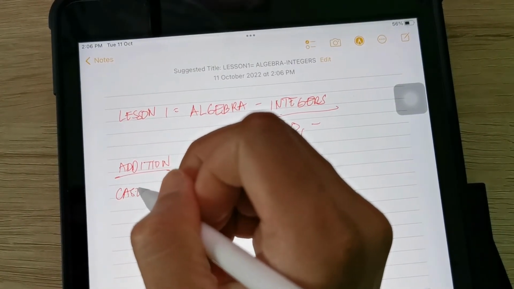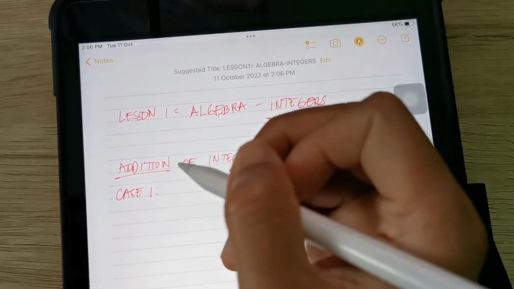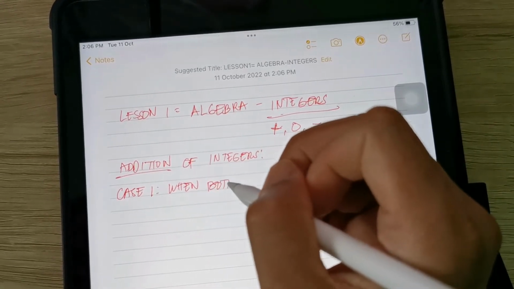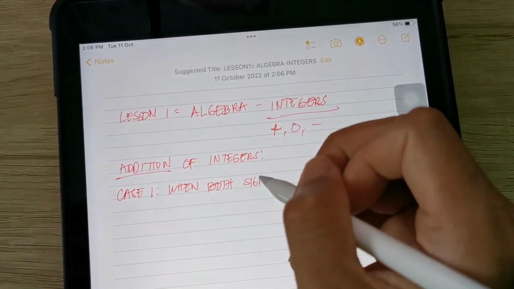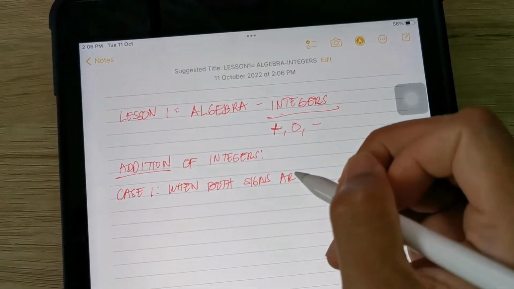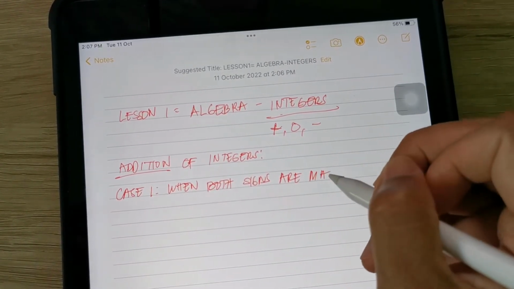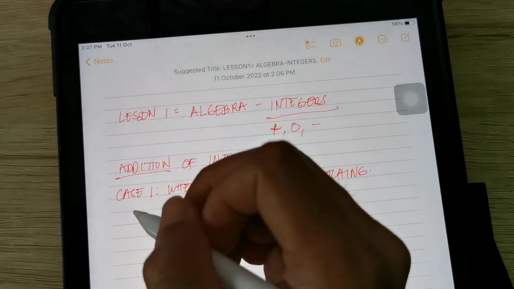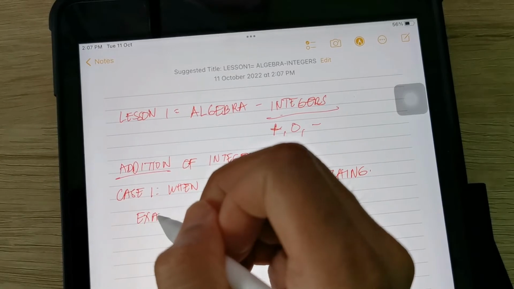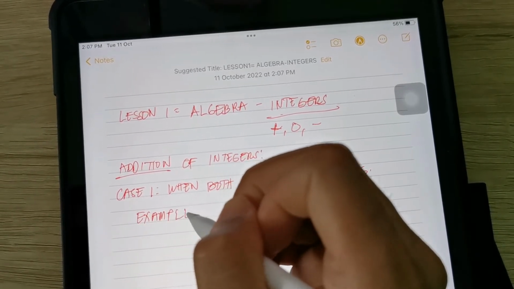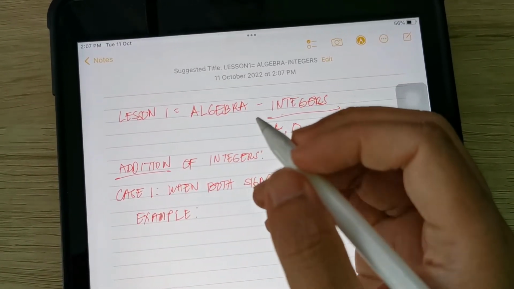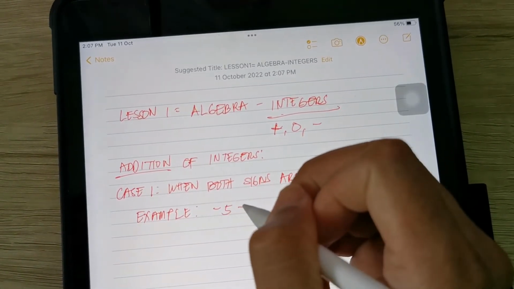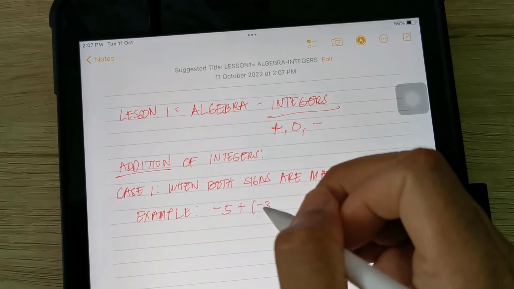Case 1 is when both signs are matching. Example, our example is, say, -5 plus -3.